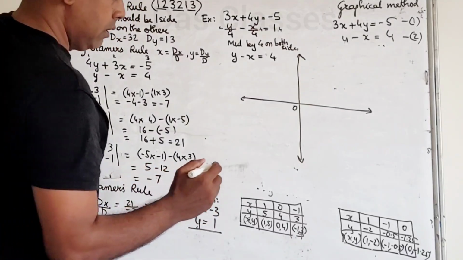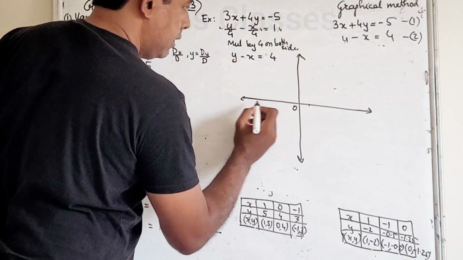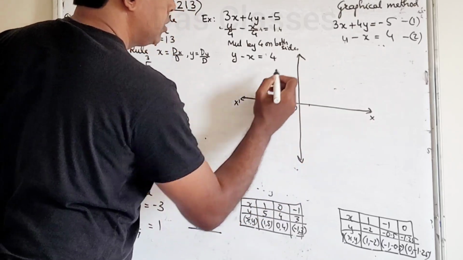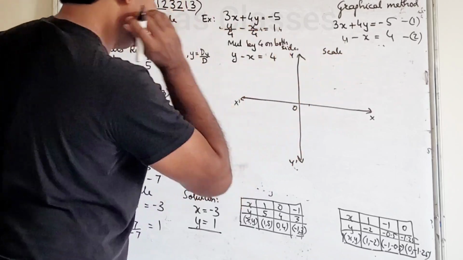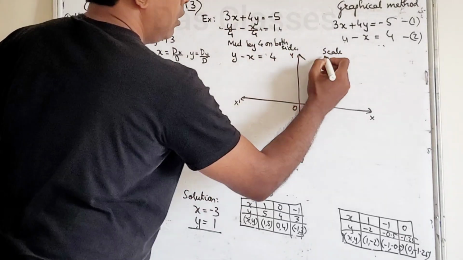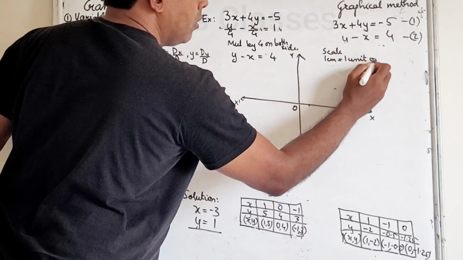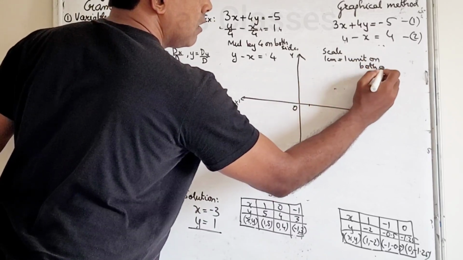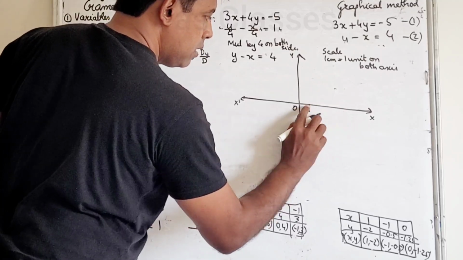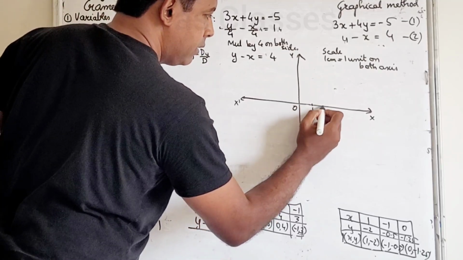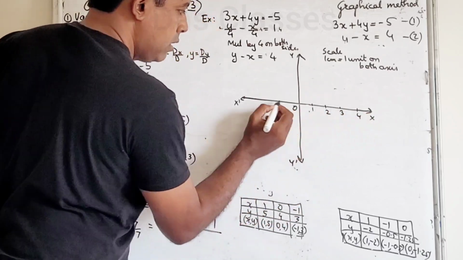So this is on the x-axis, x dash, y dash, scale. Don't forget to write the scale. Scale 1 centimeter is equal to 1 unit on both axes. This is very important to write. So 1, 2, 3, 4.